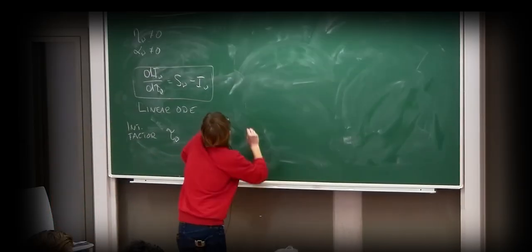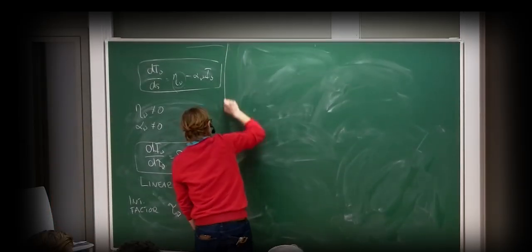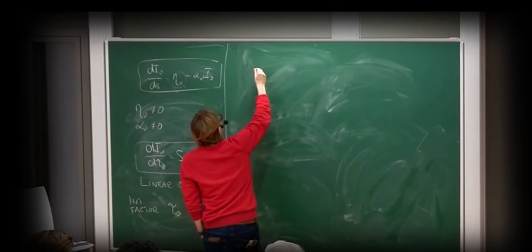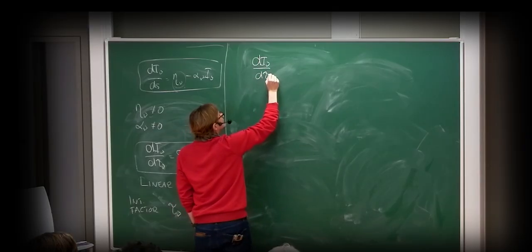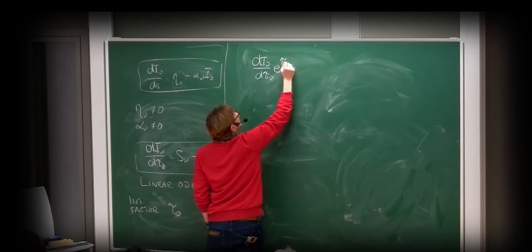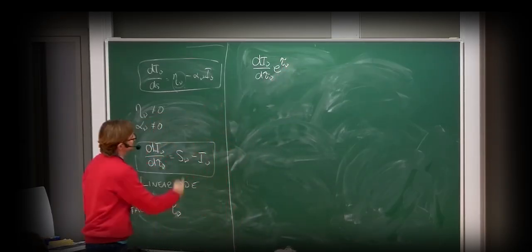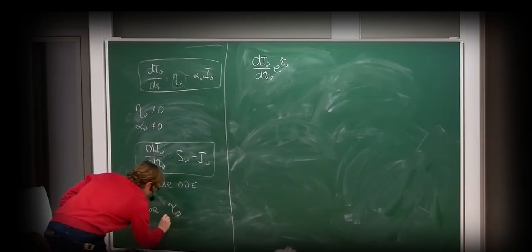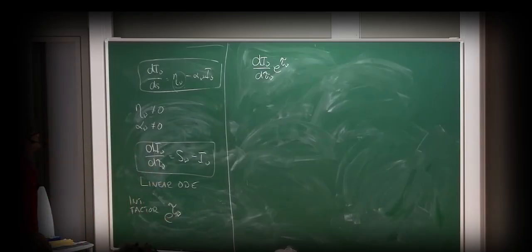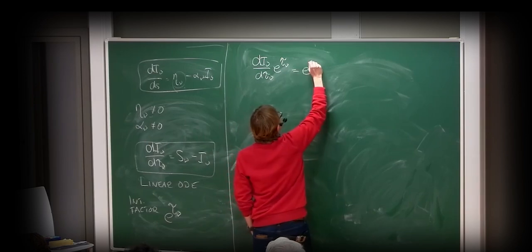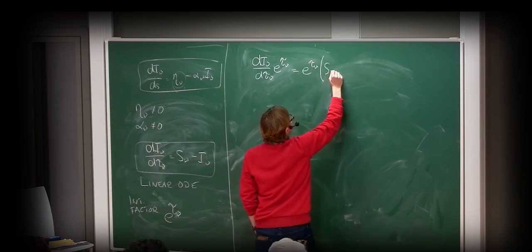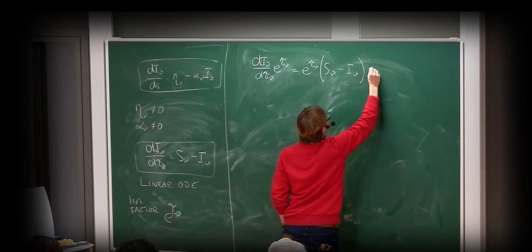Okay, so let's do this. If we remember, this is dI nu over d tau nu. Then we multiply by our integrating factor e to the tau nu, so of course the integrating factor is e to that variable. That's equal to e to the tau nu, S nu minus I nu, right?